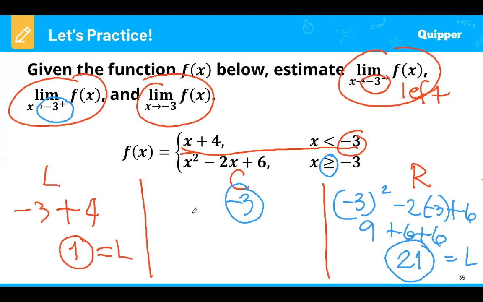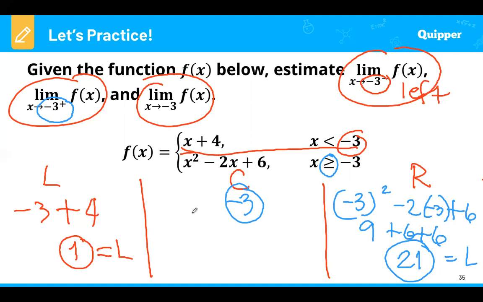Kapag parehas yung left and right, the limit of that C exists. If the left side and the right side has a different answer or different limit, that means the limit here does not exist.